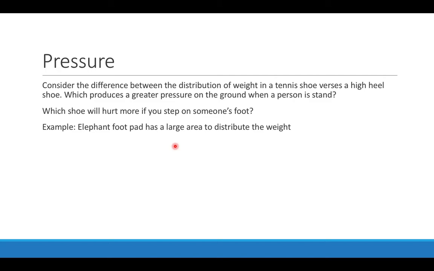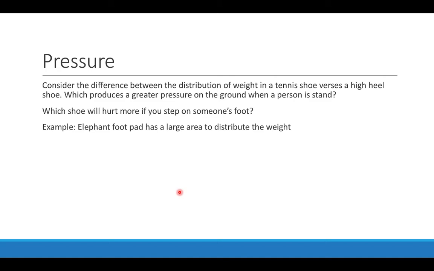As they're walking across a wet surface, they wouldn't want to sink down into the ground; they'd want to stay on top. So this is just an example of pressure. It's not related to fluids, but it gives us a basic idea of what pressure is and how it's related to force and surface area.